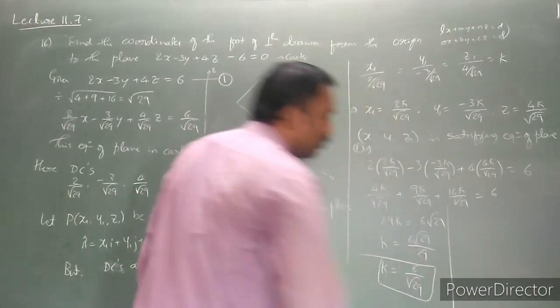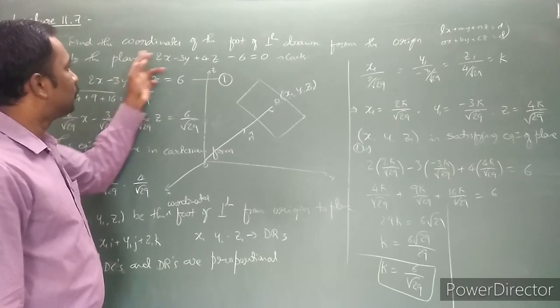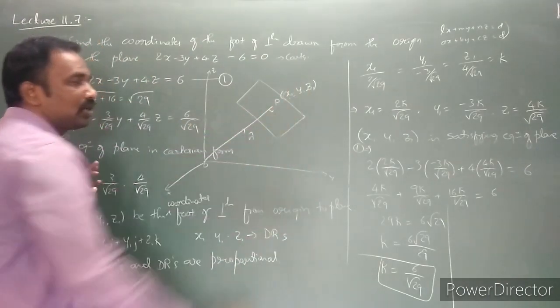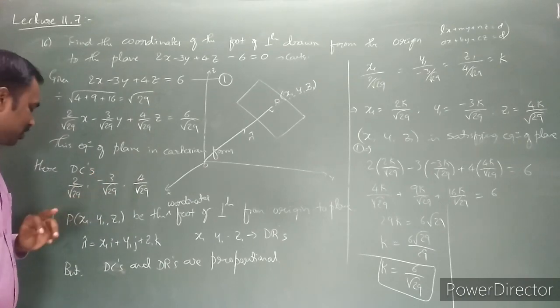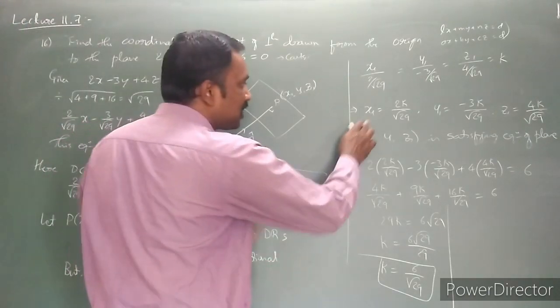But what do we actually have to get? We need to get the coordinates of the foot of the perpendicular. x1, y1, z1 are the coordinates of the foot of the perpendicular. Therefore, where is x1?